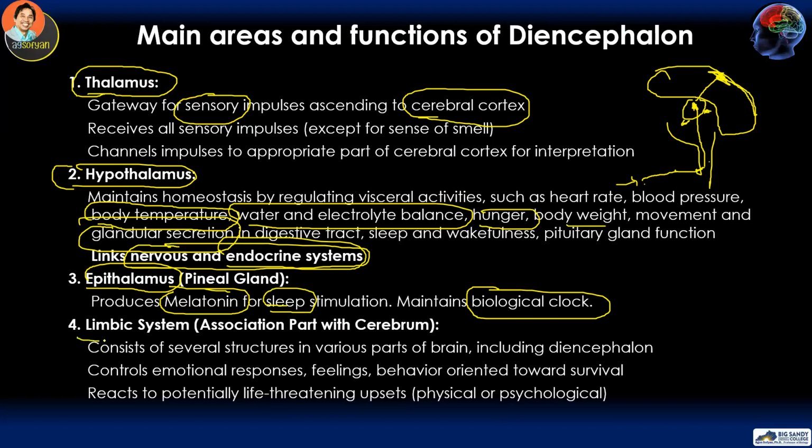And as I mentioned before, the limbic system is also included in the diencephalon. It is also associated with the cerebrum. This is the emotional brain, or primitive type of brain, that controls our emotions, including memory.